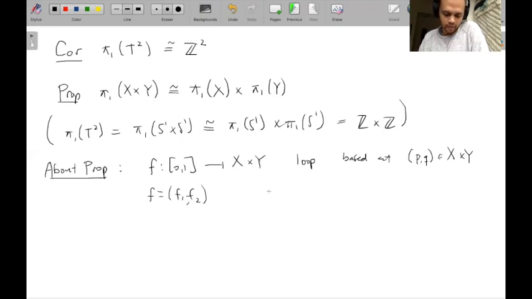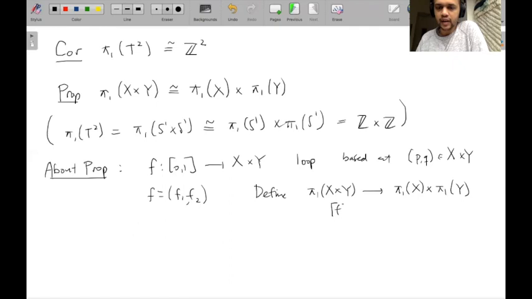So given this, you can define a homomorphism from the fundamental group of the product to the product of fundamental groups. I should write the base points, but I'm not.